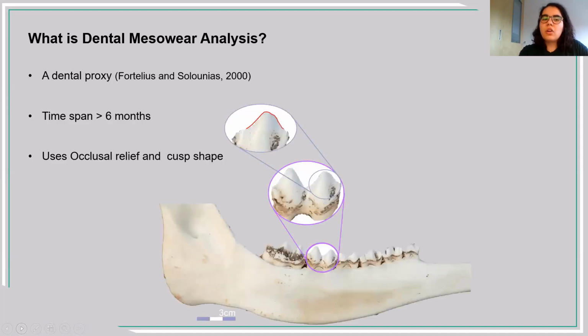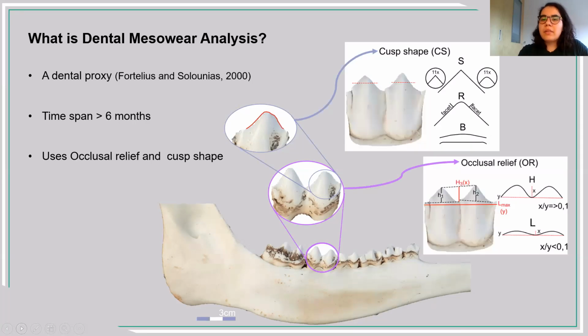It uses occlusal relief and cusp shape of the tooth, usually focusing on the second molar. For the cusp shape, we have 3 possibilities. It can either be sharp, round, or blunt, and the occlusal relief can be either high or low, and it is represented by the ratio of the height between the valleys and the maximum length of the tooth.